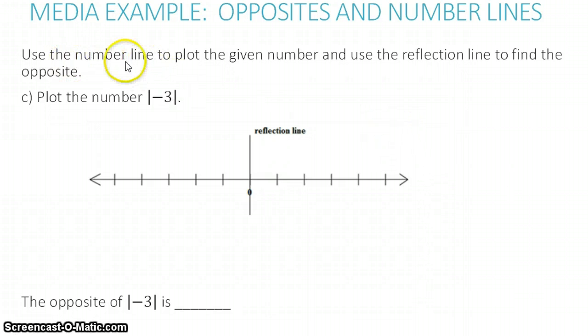Use the number line to plot the given number and use the reflection line to find the opposite. So we're asked to plot the number, the absolute value of -3. So let's remember what the absolute value of -3 means. Well, we label our number line.